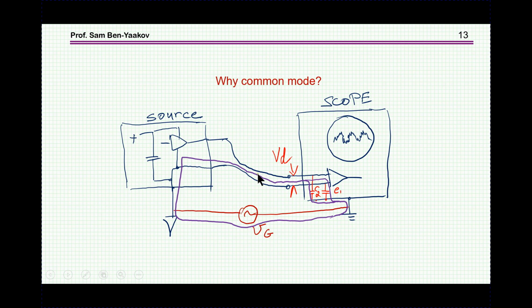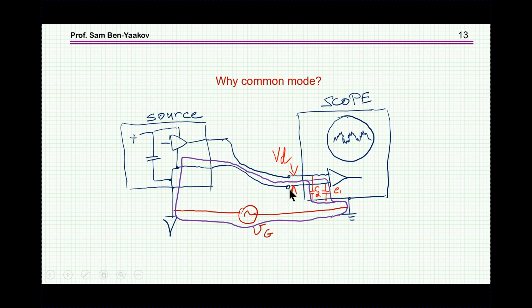It's a common mode current into this part. And then I'm showing here two capacitors, but these are in general, of course, impedances, and the current is going through these impedances.